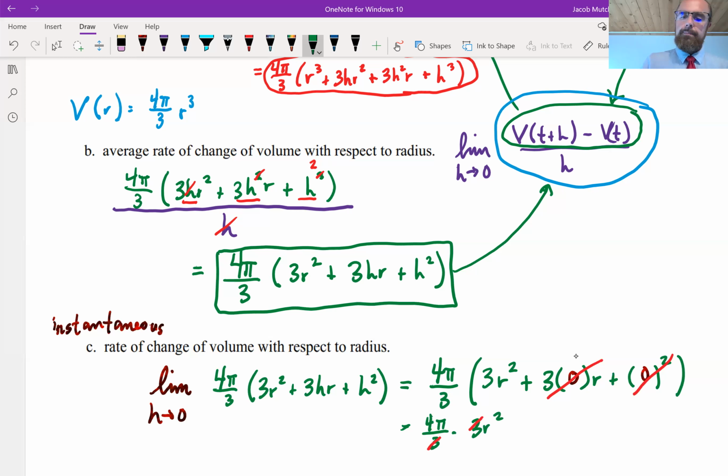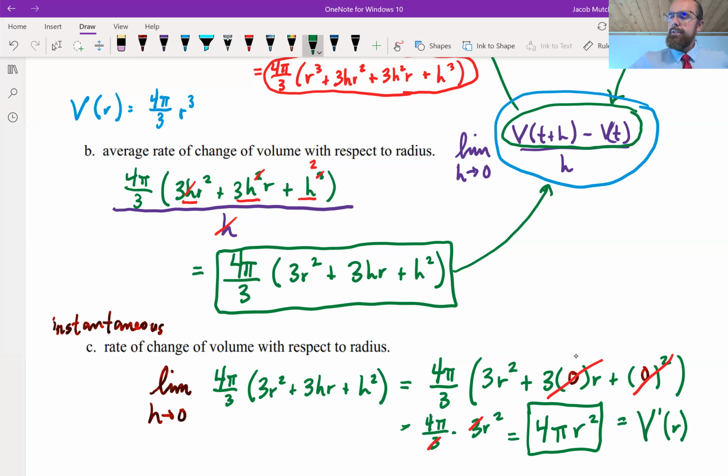What we're left with is a much simpler function, 4 pi r squared. And that we want to box because that really is the function that represents the instantaneous rate of change of volume with respect to radius. And just to remember, that is the derivative of the original volume function with respect to the radius.